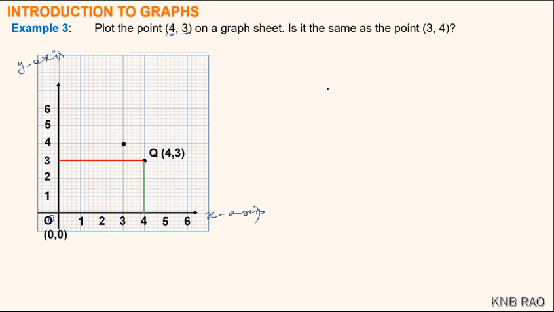Now, I will take 3, 4, which is a further point 3, 4. Are they same? No, they are not same. So, this is how we finally, after plotting, conclude our answer.